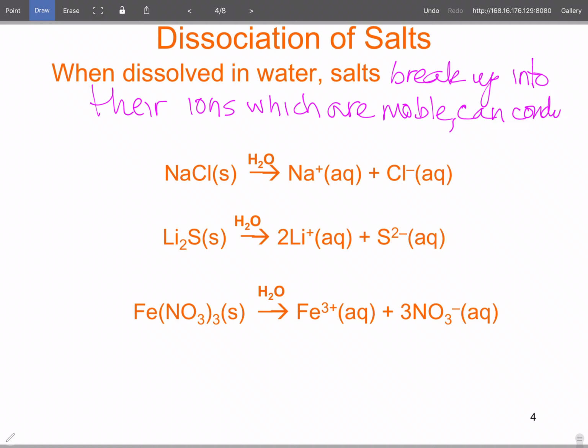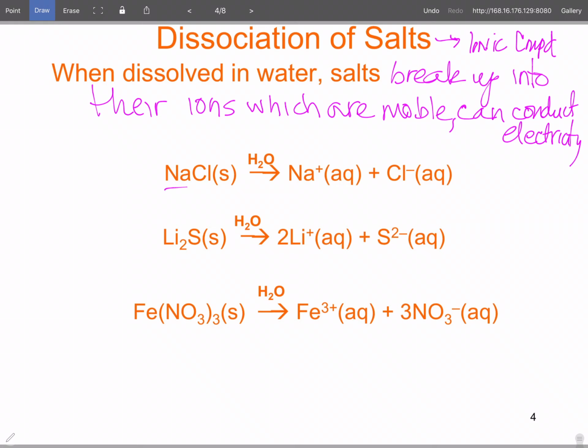More about that in just a second. Now, what's the four-letter word for an ionic compound? A salt. So remember, a salt is the generic term for an ionic compound. Now, we're used to using salt to designate sodium chloride in your house. But oftentimes I'll refer to sodium chloride as table salt. Salt is any ionic compound, etc.